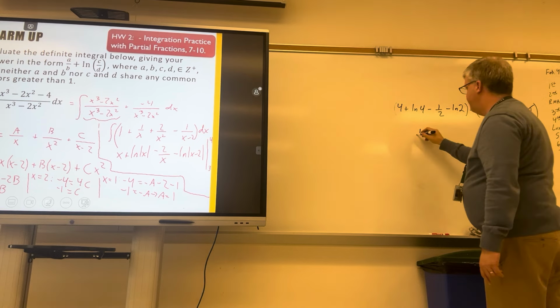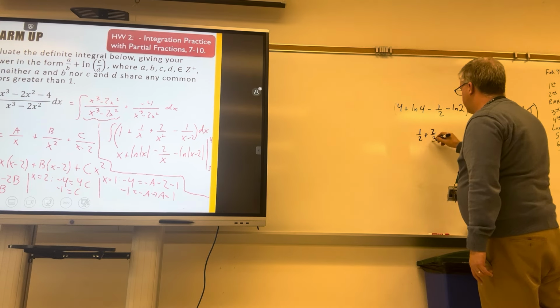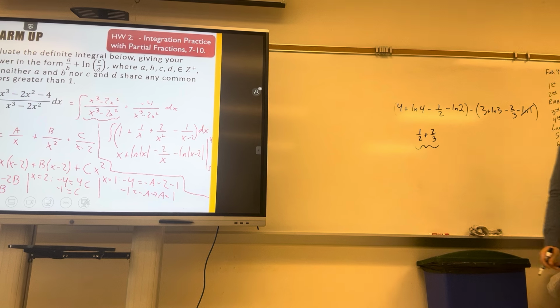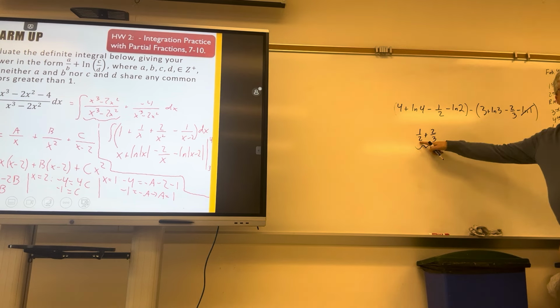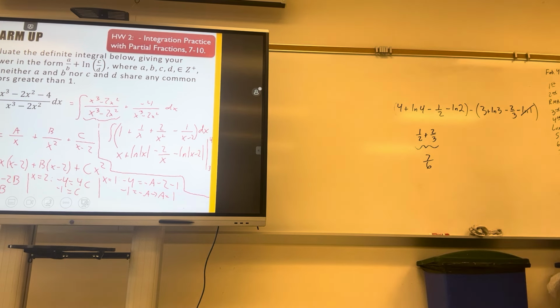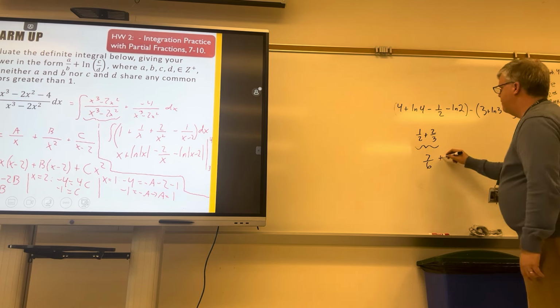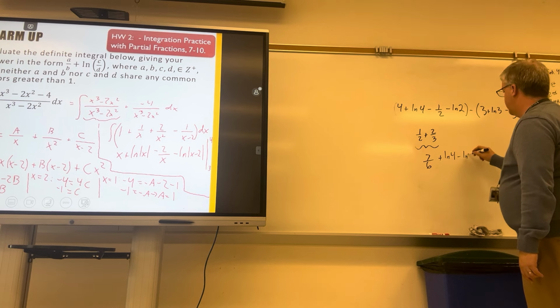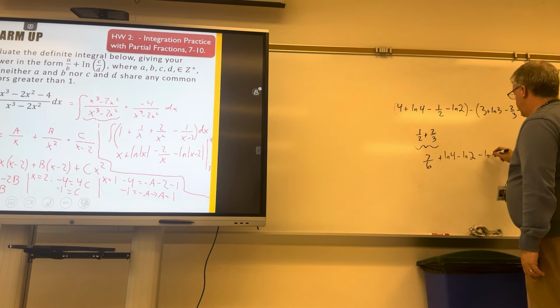So we have a half plus 2/3, but we need that combined into one fraction. What is that? How much? Not 5/6. This is 3/6 and this is 4/6. 7/6, yeah. 7/6, okay?